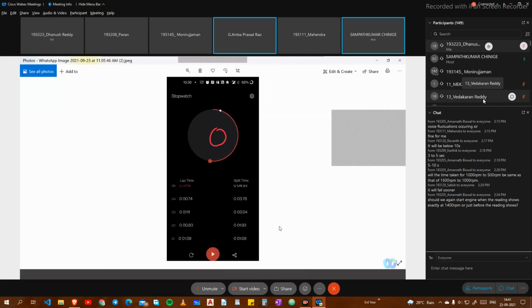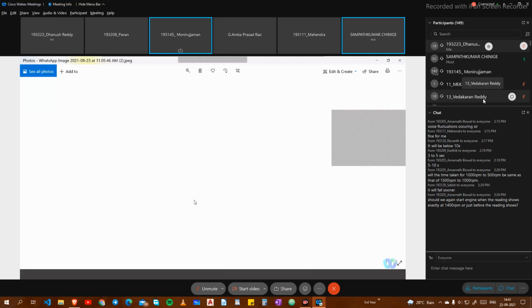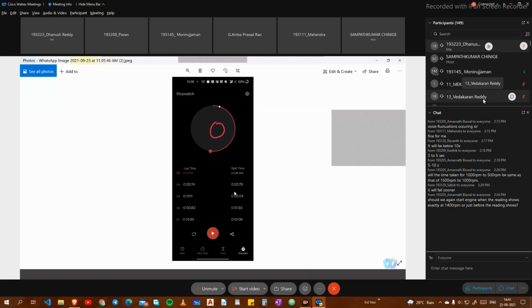Here are the readings. This is for no load. But is that in seconds, right? So 3.78 is seconds? Yes, it is in seconds, sir. Not in seconds, I guess.